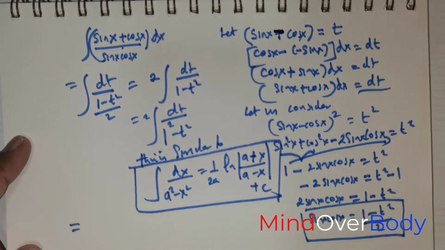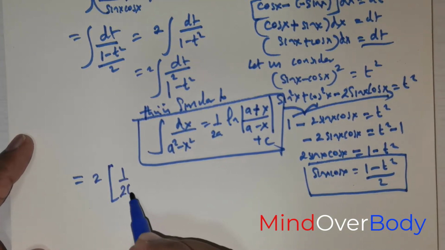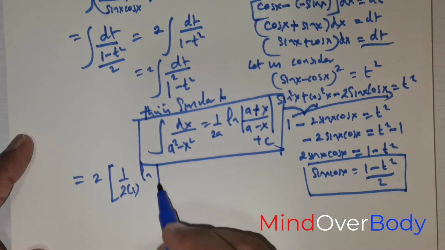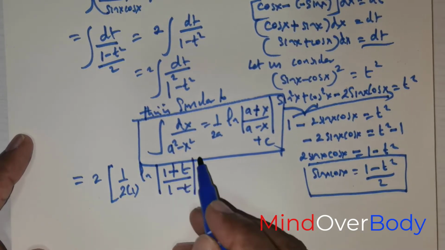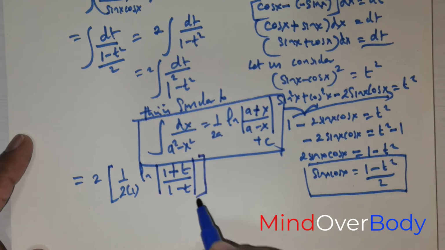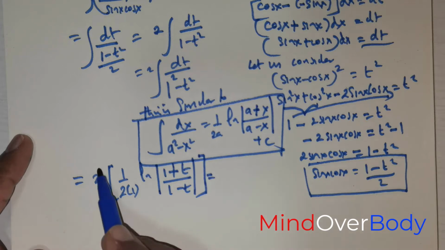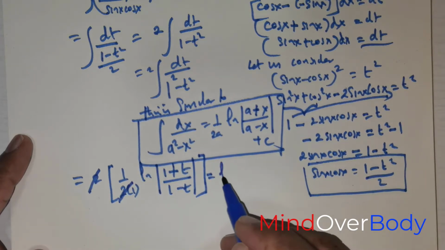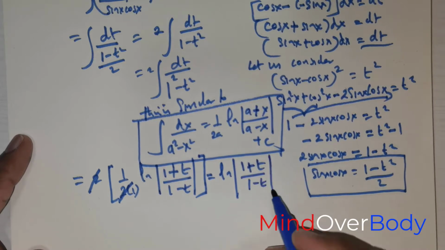That's going to be equal to 2 times 1 over 2, my a is 1, ln of (1 + t) divided by (1 − t). Now I'm not placing the arbitrary constant as yet, so the 2 can be cancelled, giving me ln of (1 + t) divided by (1 − t).